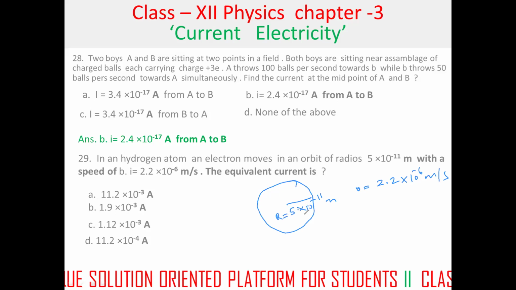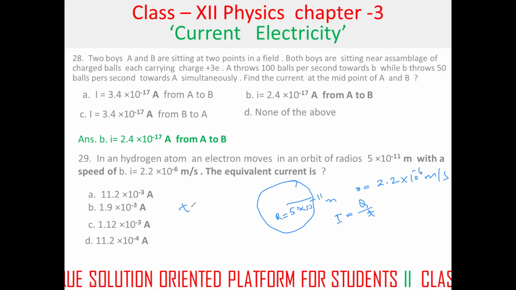Now we know current I equals Q by T. Now T is the time period. The electron is moving in a circle, so I'll have to find out the time period.